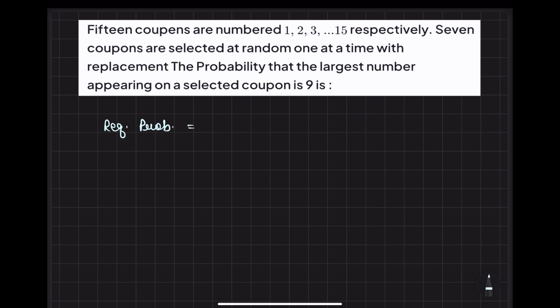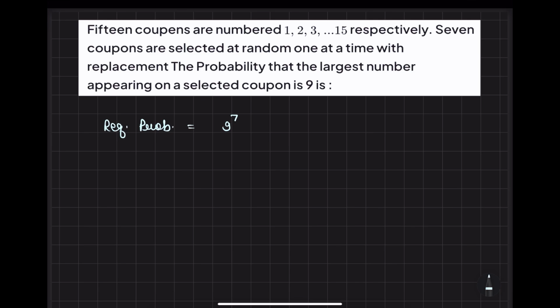Okay, so in the first trial 9 choices, in the second 9, in the third 9, fourth trial 9, fifth 9, sixth 9, seventh 9. So in all the cases I have 9 choices, and there are 7 selections. So it would become 9 to the power 7.